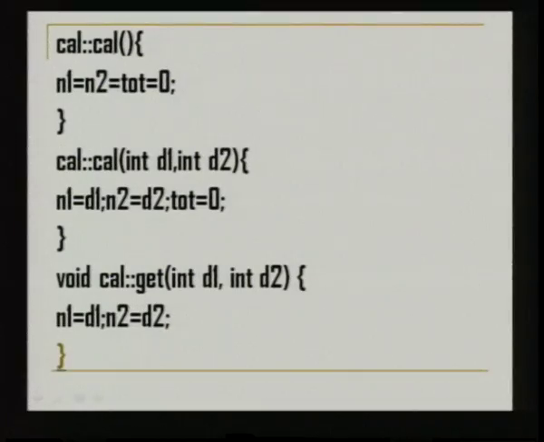So, here you have the first constructor function using the class name and the scope resolution operator, you are defining this constructor with no arguments. You are initializing the data members to 0. We all know constructor does only this work. And then you are closing the first constructor function. Then you have the next constructor function which is having 2 integer arguments.